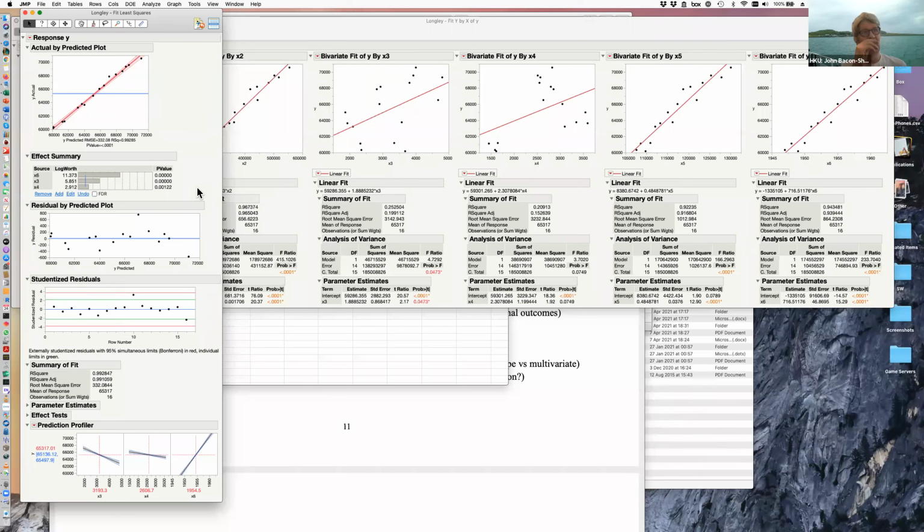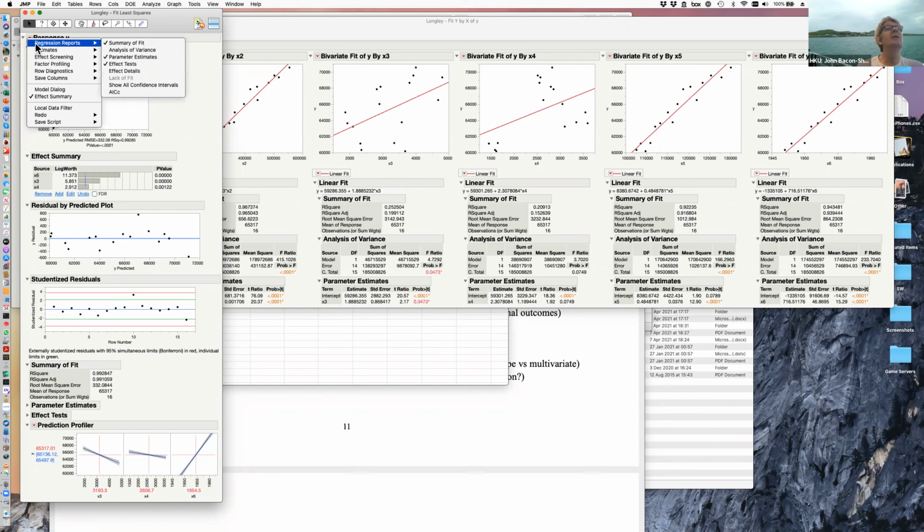If we compare the model with 3, 4, and 6, the adjusted R squared is about 99.1. We can ask it to show us AICc. So this is another way of comparing. Where's my AIC gone?